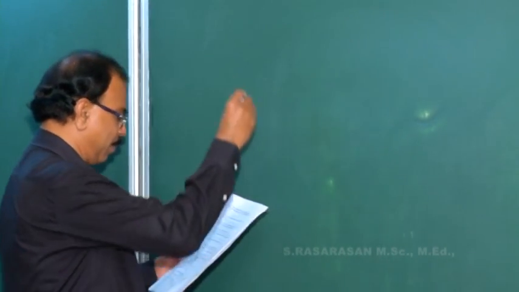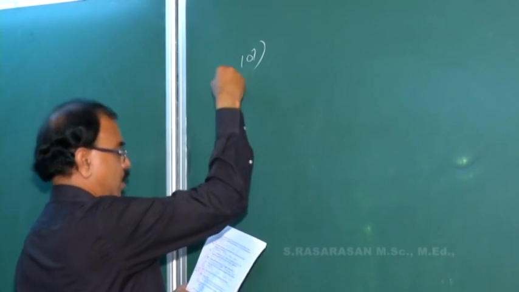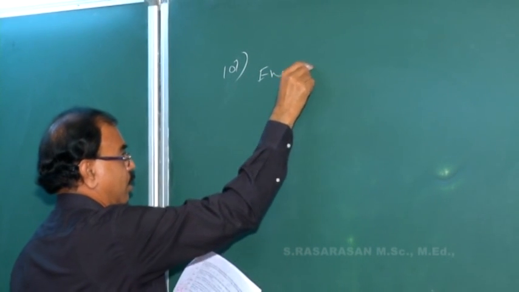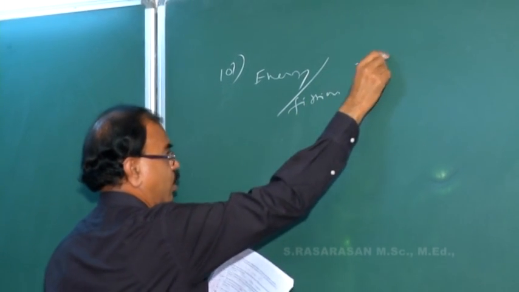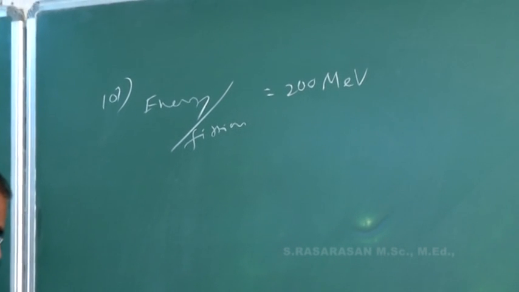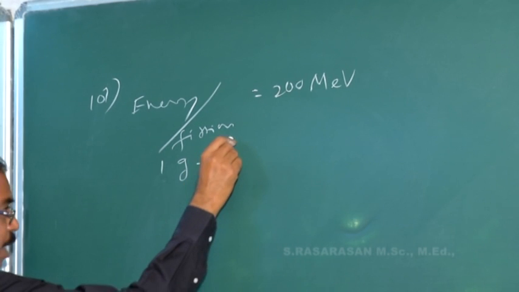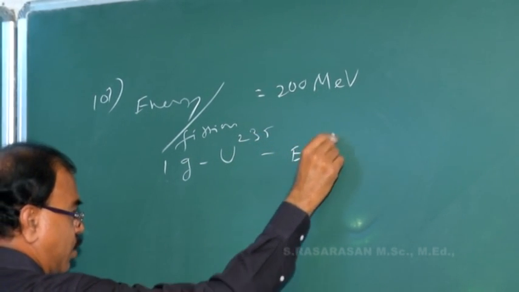Say in this problem 107, the energy released per fission is 200 million electron volt. What is the energy released by 1 gram of uranium 235?